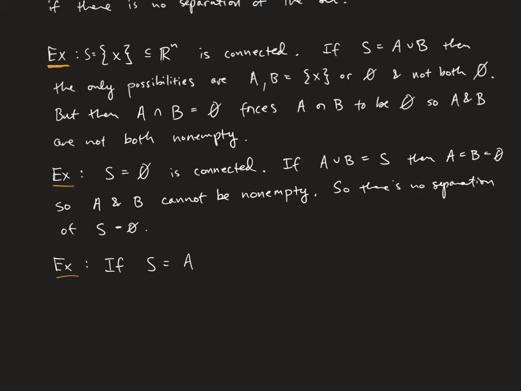So if S equals A union B, where A and B are disjoint, and A and B are open, then S is disconnected.